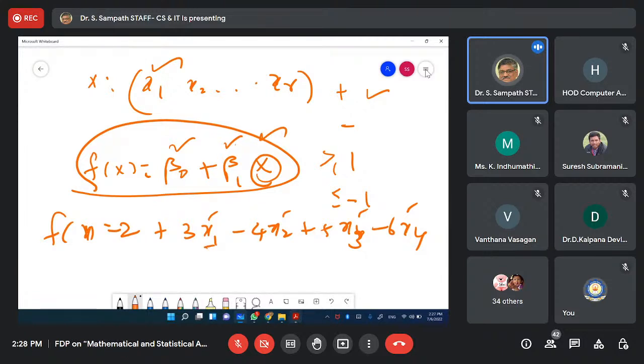So whatever values I have here, I will substitute and I will see whether it is greater than or equal to 1 or less than or equal to minus 1, and I will put it in either the positive class or negative class. Okay, so you can do like this, provided you know what this 2 is. I am saying this 2 is something like your beta naught. This beta 1 is a vector consisting of 3, minus 4, 5, minus 6. So all those values will come.